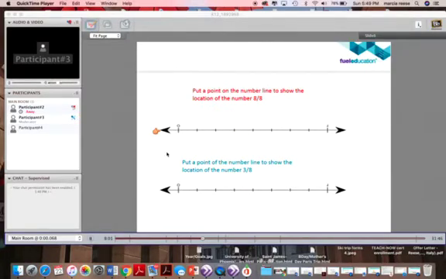Where would it go? Feel free to maybe use your pointer tool to point to the specific line on the number line, or you can use your writing tool, which is the third button down under the pointer, and you can demonstrate 8 over 8 on the number line for me.